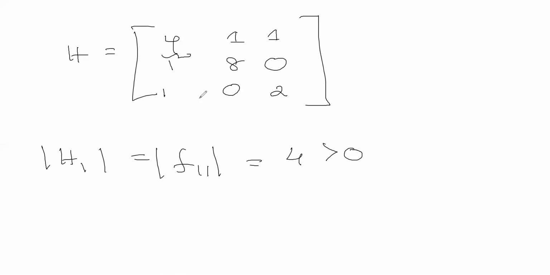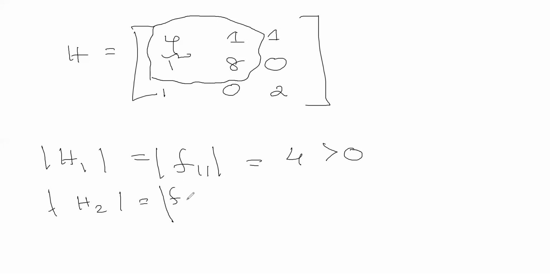Then for the next one, we will be taking the 2 by 2 part over here. H2 consists of, as I said before, F11, F12, F21, and F22.